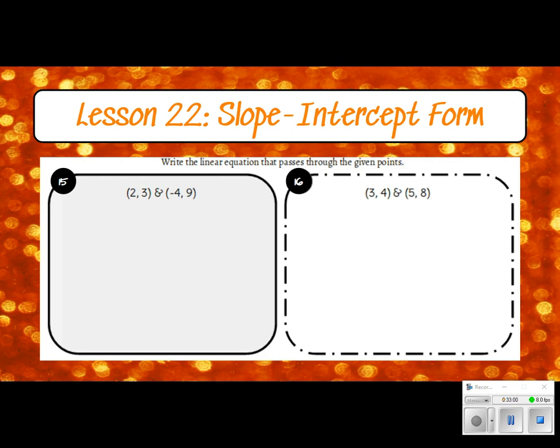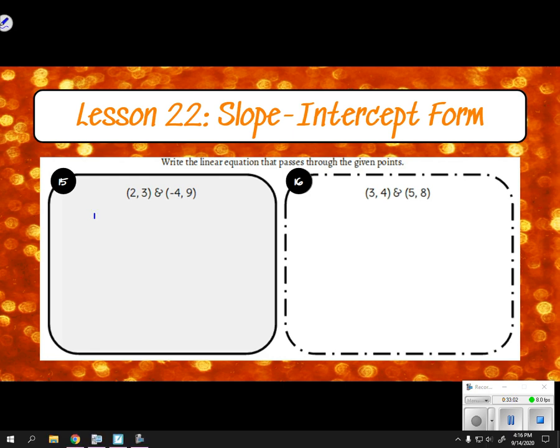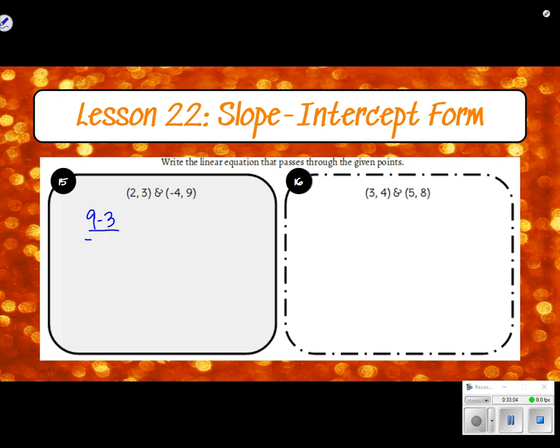All right, so let's look at 15. So 9 minus 3 over negative 4 minus 2. 9 minus 3 is 6 over negative 6, which is negative 1. Y equals mx plus b. It doesn't matter which point. Let's plug in 3 equals negative 1, that's my slope, times 2 plus b. 3 equals negative 2 plus b, add 2.